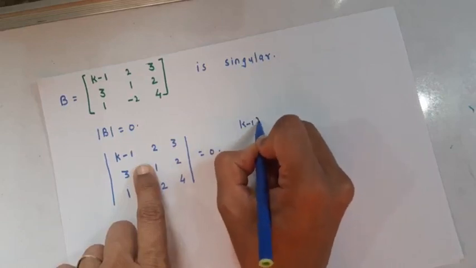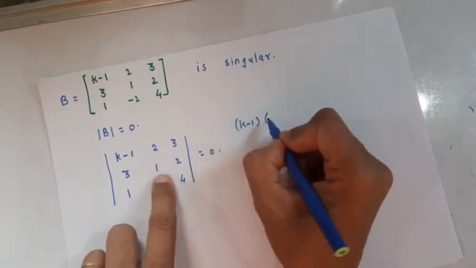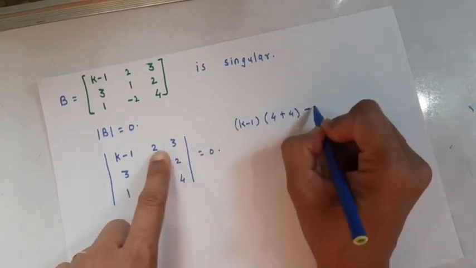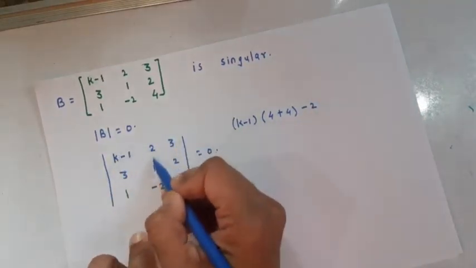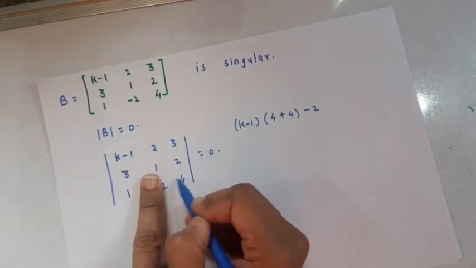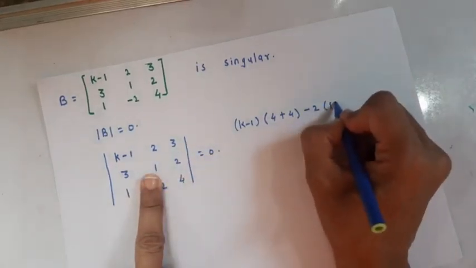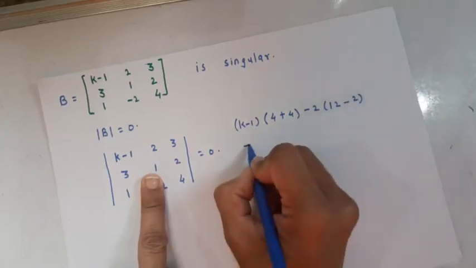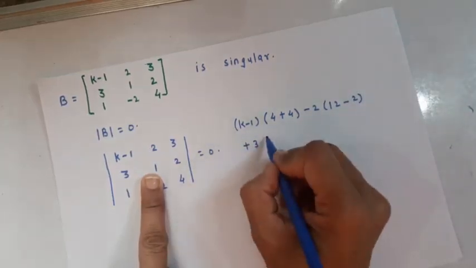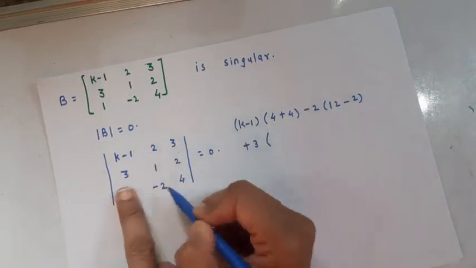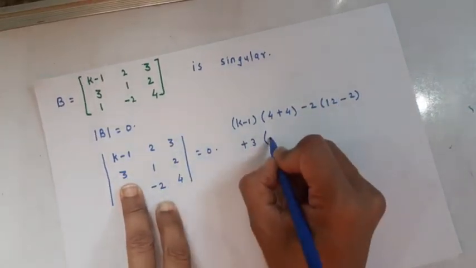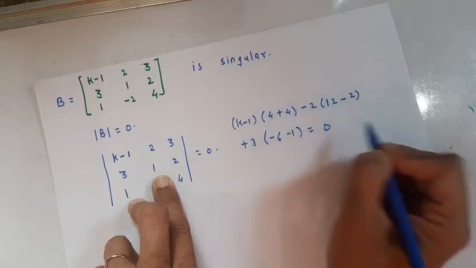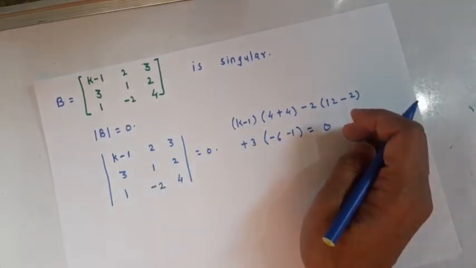So k minus 1 into 4 minus plus 4, minus 2 into, eliminate this row and this column, 4 into 3 is 12, 12 minus 2 into 1 is 2, plus 3 into, eliminate this row and this column, 3 into minus 2 is minus 6, minus 1, and this is equal to 0.